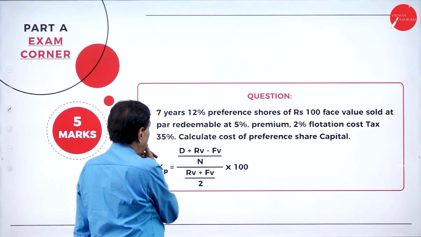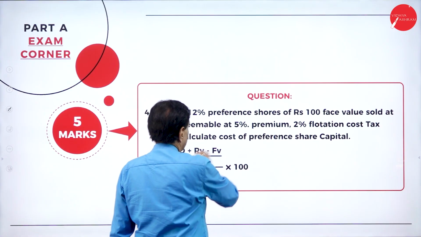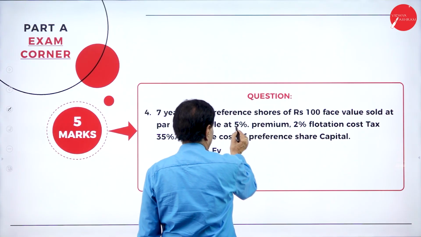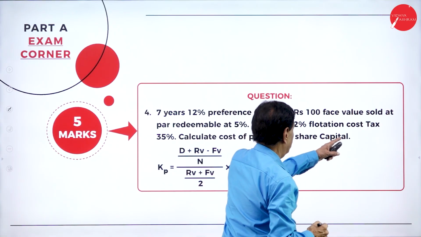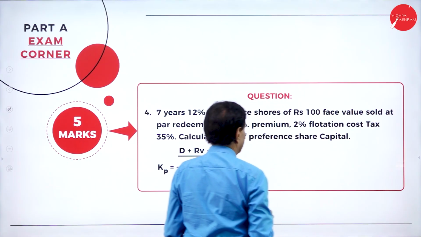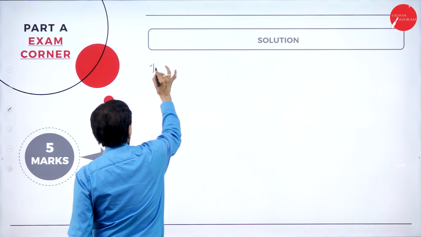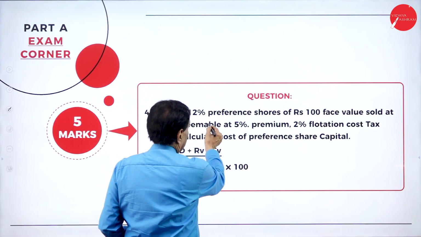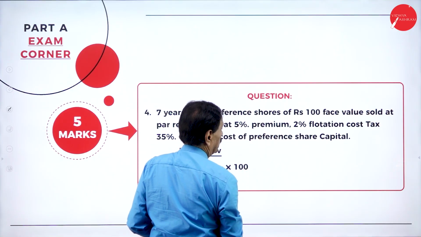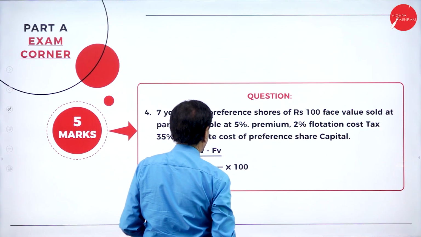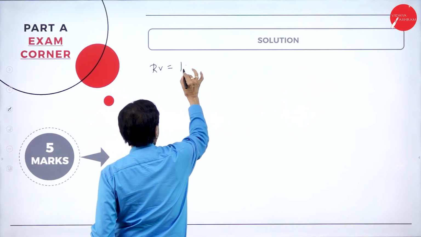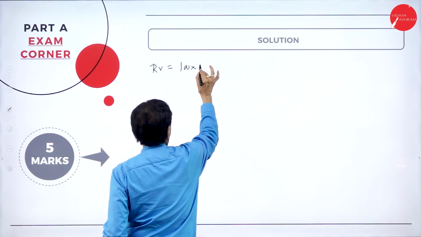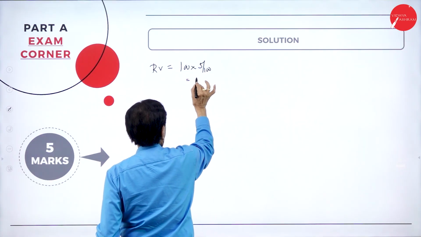Then, 7 years, 12% preference shares of rupees 100 face value sold at par, redeemable at 5% premium, 2% flotation cost, tax 35. Calculate the cost of this. Redeemable value is equal to D divided by RV plus this. The premium is how much? 5%, 5 rupees.